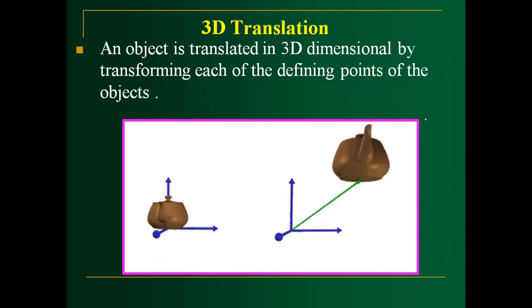An object is translated in 3D by transforming each of the defining points of the object. So all these points will be translated, and then we will translate the object into another coordinate system in three dimensions.